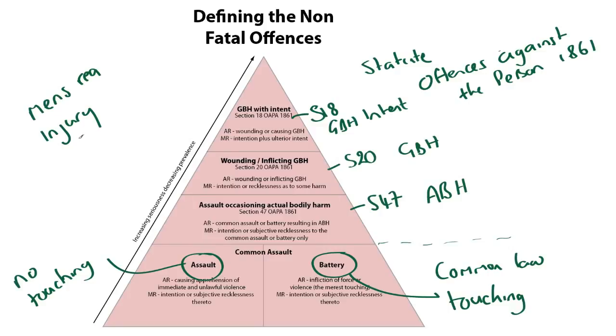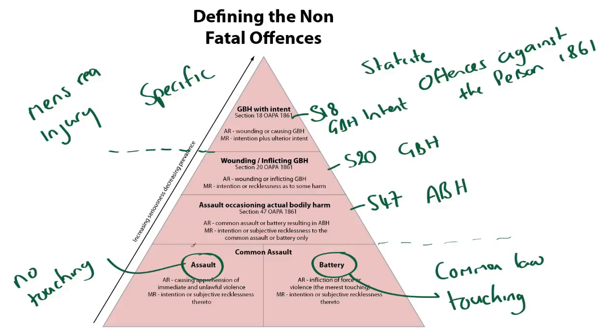Now that should immediately lead you on to another area. If we do another dividing line here, as we can see that this is an intent-only crime, we can clearly state that section 18 is a specific intent crime. That is, it can only be committed with the specific direct or oblique intent to cause GBH.